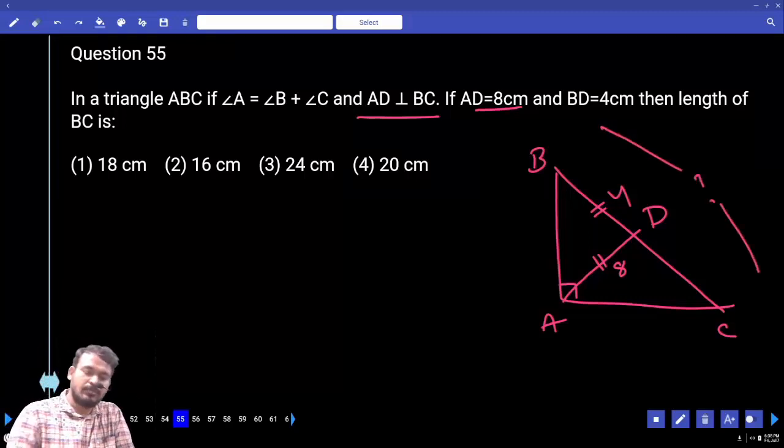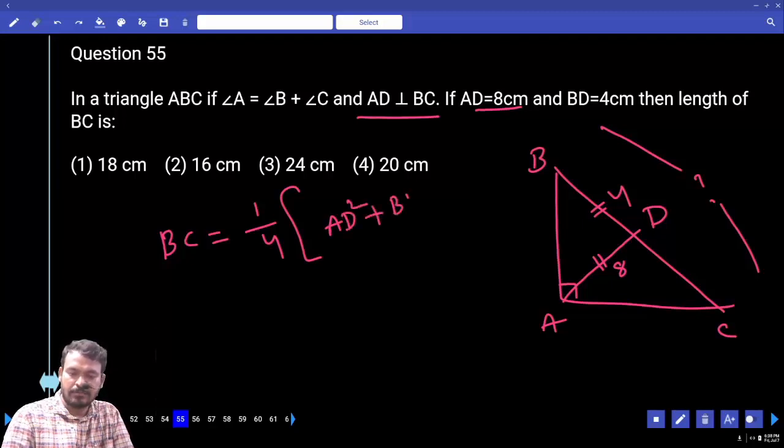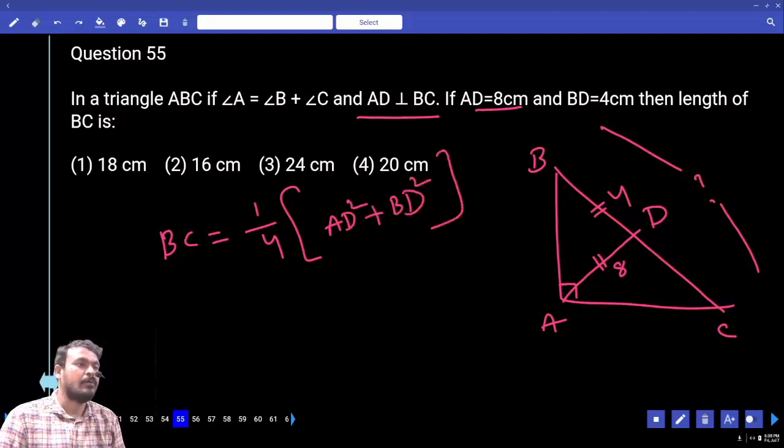Okay. This one we write directly: BC equal to 1 by 4 of AD square plus BD square. What is the AD value? 8. What is 8 square? 64. What is the BD value? 4. 4 square 16. 64 plus 16, 80.